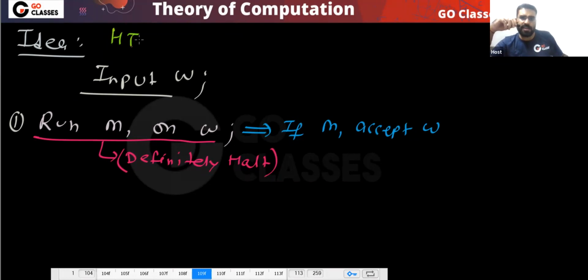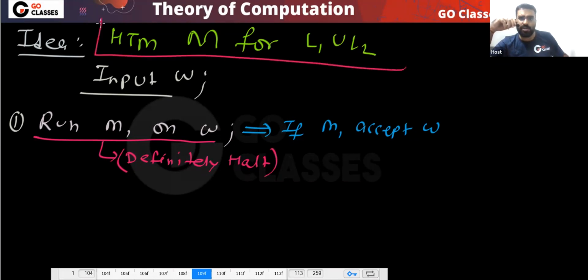We are creating a halting Turing machine M for L1 union L2. So if you give a string W, you run M1 on W. If M1 is accepting W, then W belongs to L(M).